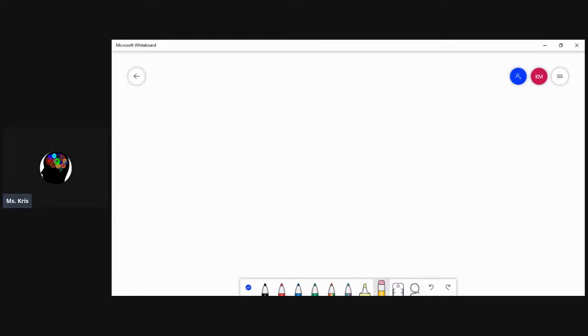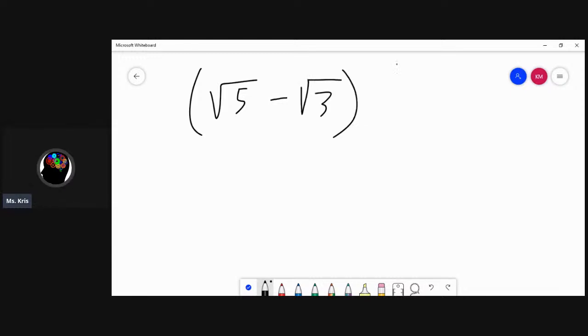Say for instance, I have square root of 5 minus the square root of 3 times 2 square roots of 3 plus square root of 2.